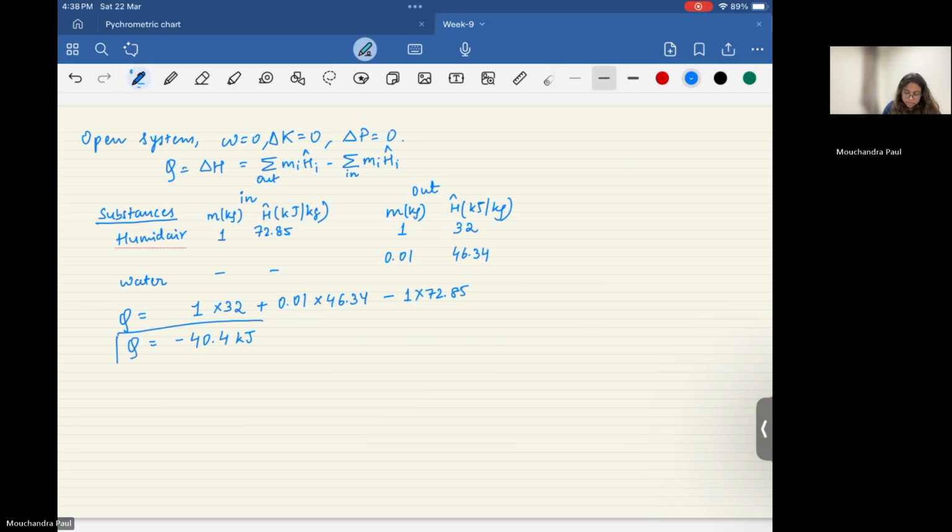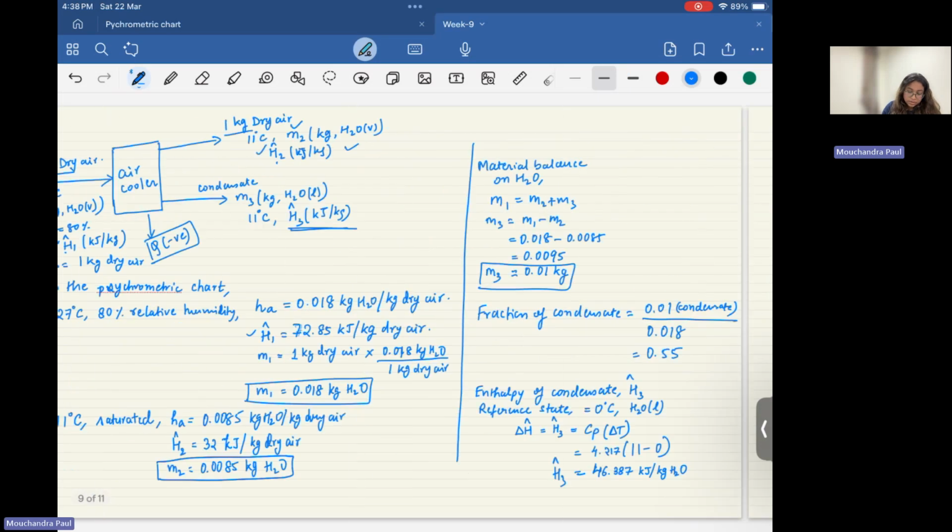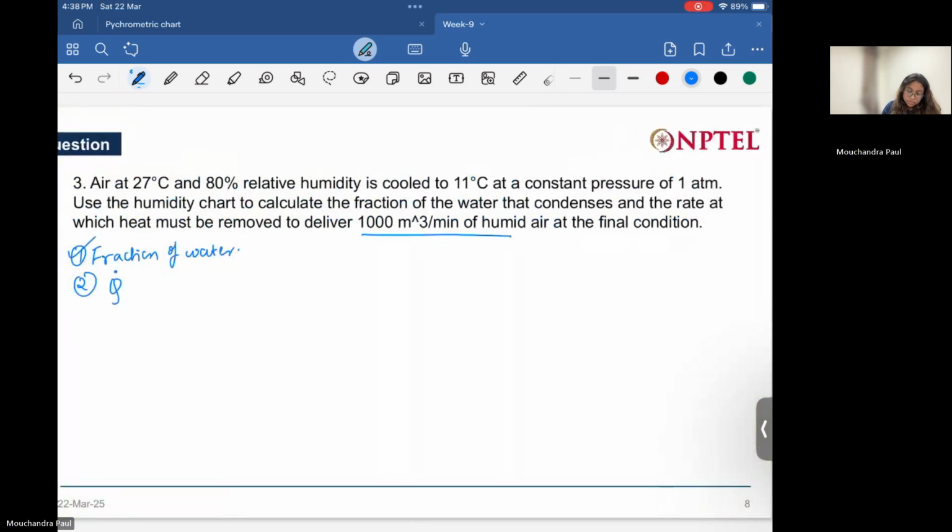But we have to calculate the heat that must be removed to deliver 1000 meter cube per minute of humid air, that is the requirement. So we have to convert the heat that we got into a heat flow rate.